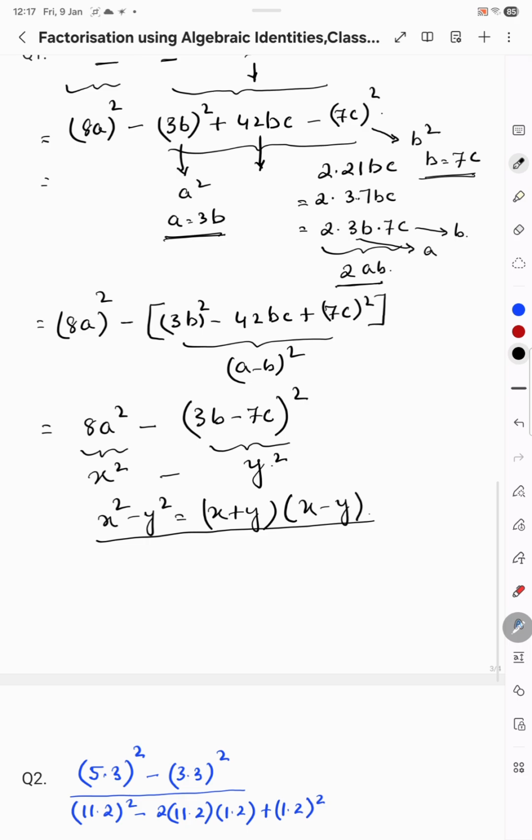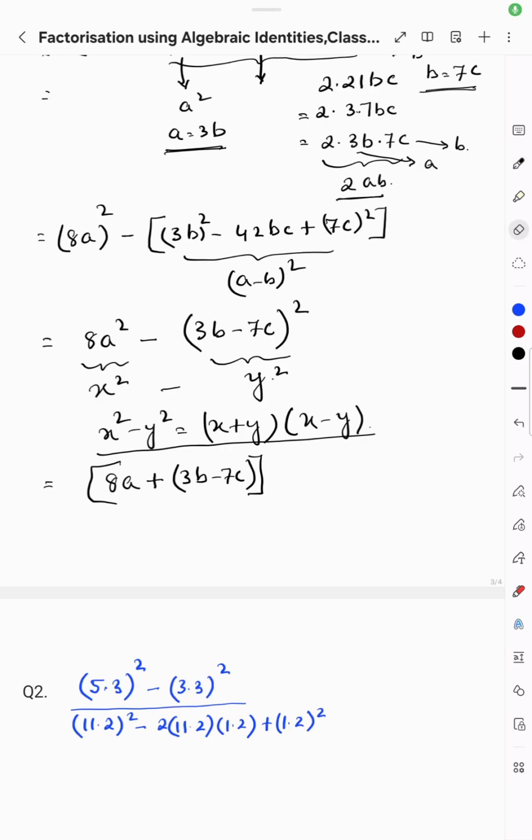So now see what we'll get as the answer. 8a is my x, y is 3b minus 7c, so 8a plus 3b minus 7c, this will be in bracket, and the other term will be x minus y.